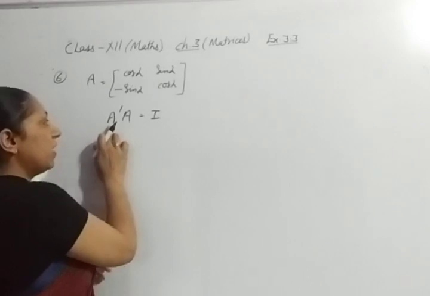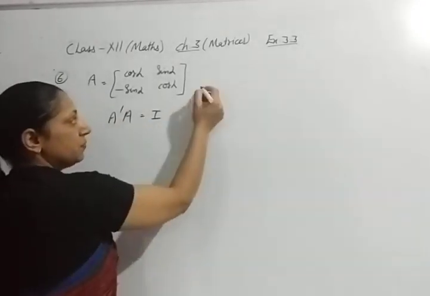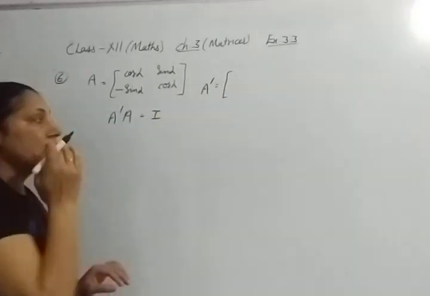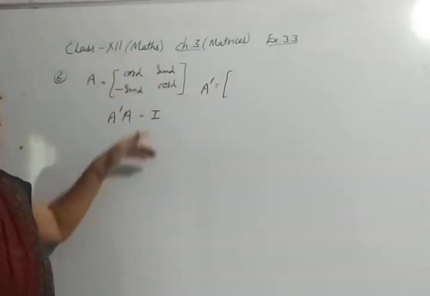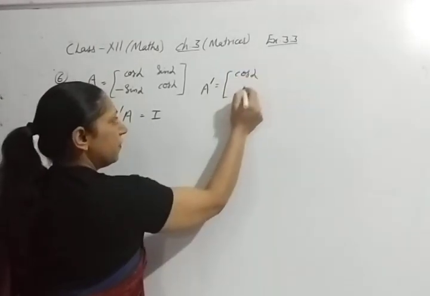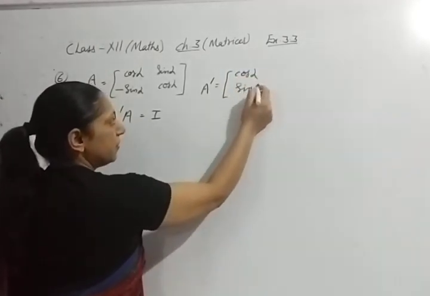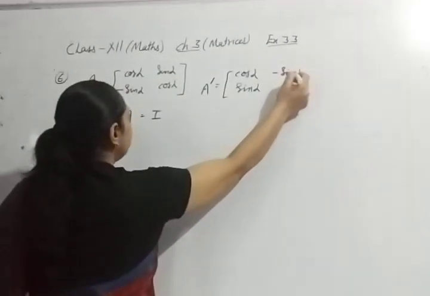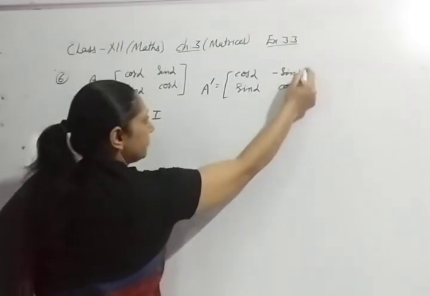Now first we have to find A transpose. A transpose means we have to change the rows into columns. So first row, first column: cos alpha, sin alpha, then second row: minus sin alpha, cos alpha.